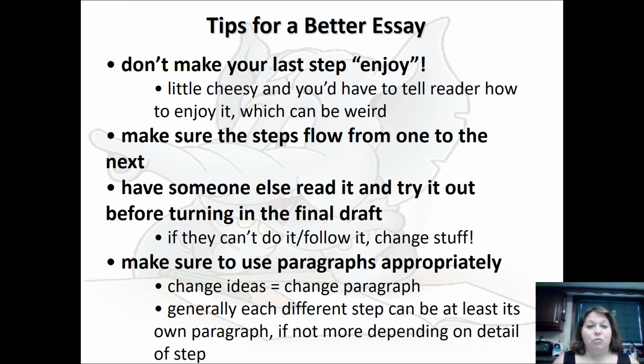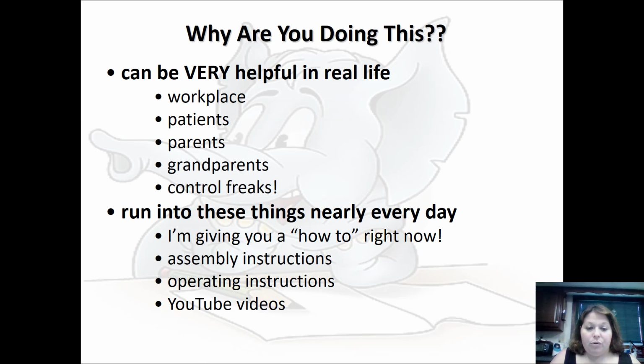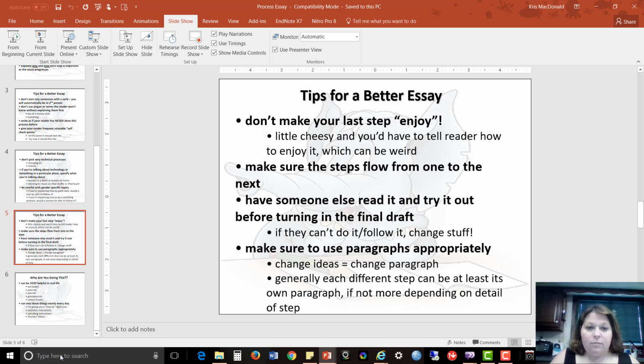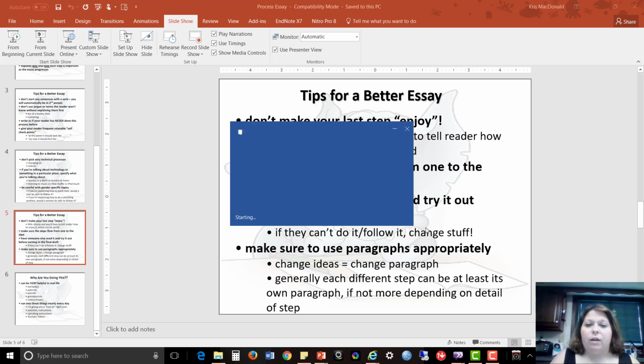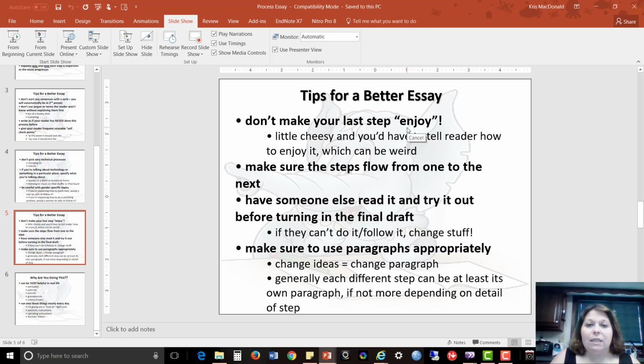We talked about having someone reading it and having them try it out. Typically for a process essay, you want each step to be its own paragraph. So a great pre-writing tip is to make a list first.